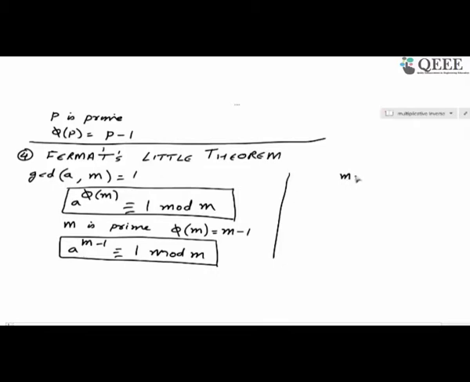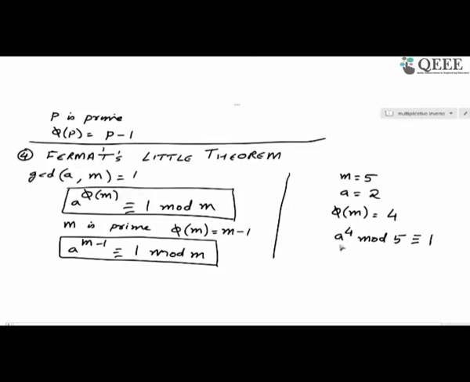Let's say that M equal to 5, which is a prime, and for ease of understanding, let's say that A equal to some small number, say equal to 2. Then we know that phi of M is M minus 1, that is 4, and therefore A to the power of 4 mod 5 should be congruent to 1.